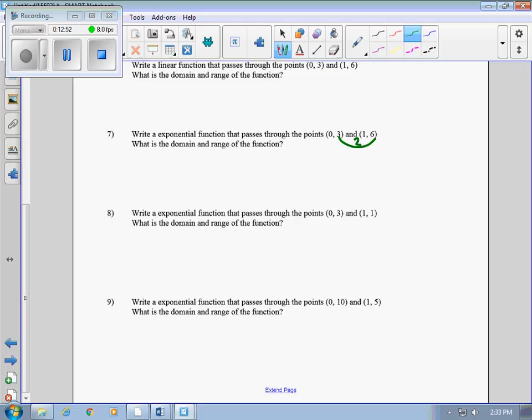We note that it's an exponential change: 3 times 2 gives you 6. So what's the times 2? If we were to write that out, it's y equals, and we know our starting value is 3, and then it's exponential, 2 to the x. That's how we write it.